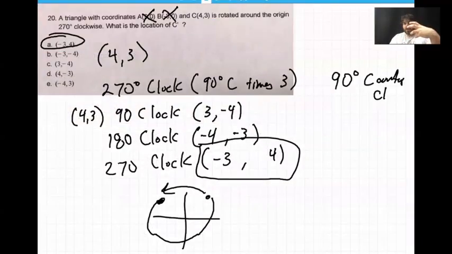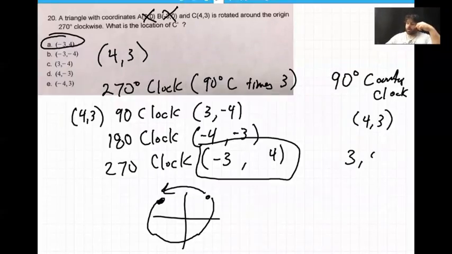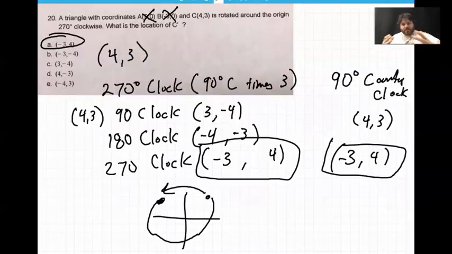Remember, a clock has seconds on it, so you change the second. So when I do a 90-degree counterclockwise, I take my number 4, 3, switch the 3 and the 4, and then I switch the value of my first number, and I get the same thing. So that's obviously the fastest way to do it, to realize that relationship.